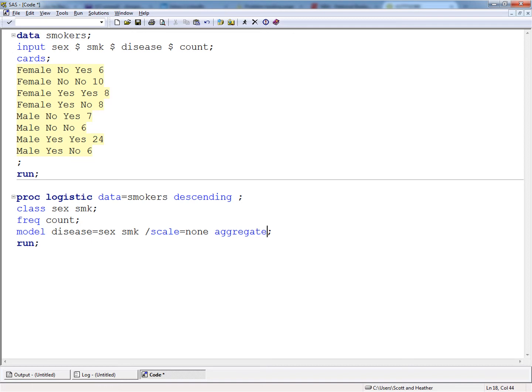When I put the class statement, what SAS does is it says, okay, this is something categorical. I can convert it myself to something numeric. So it's kind of doing those preliminary data steps that we learned in Stat 512. It's doing those data steps within the proc, which is very, very convenient.